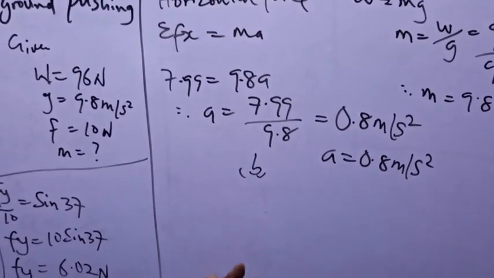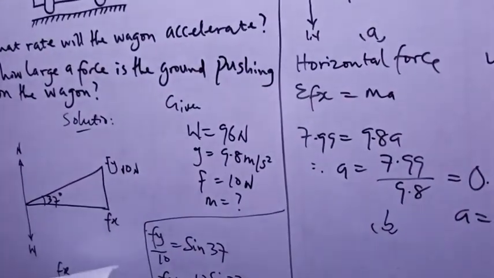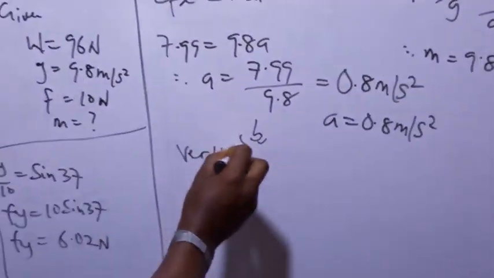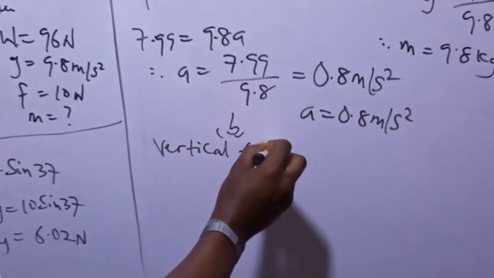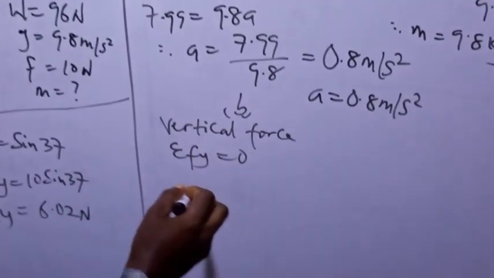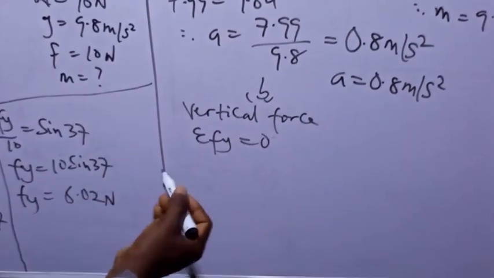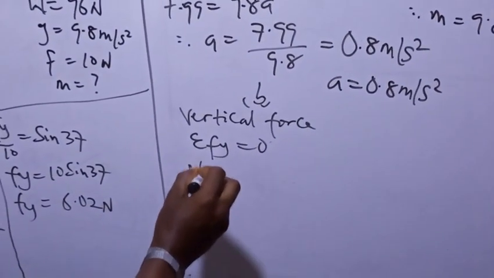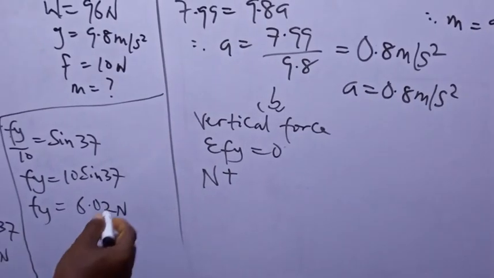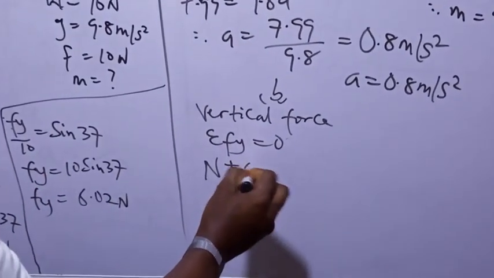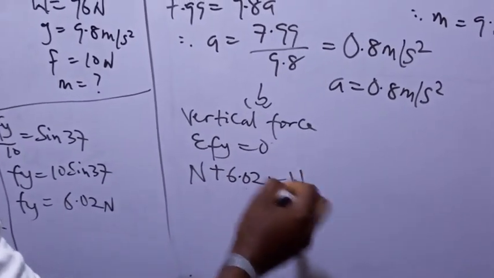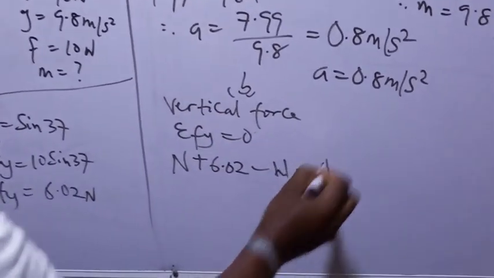And B says with how large a force is the ground pushing on the wagon. Now, for vertical force, the vertical force is the force pushing on the ground. We have summation Fy equals 0. Therefore, we have the normal force plus the force from the y-axis, 6.02, minus the weight. These are all vertical forces, equal to 0.